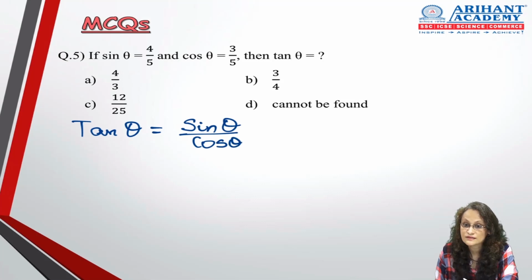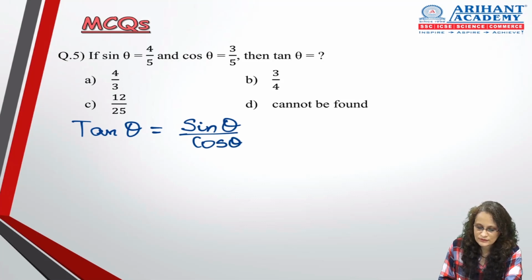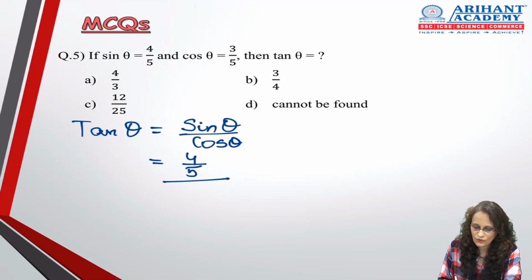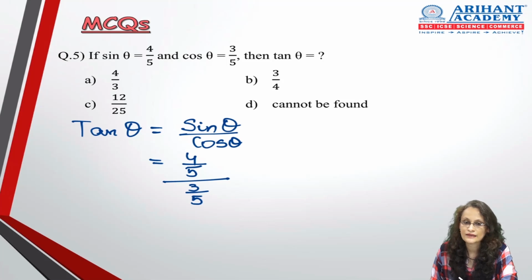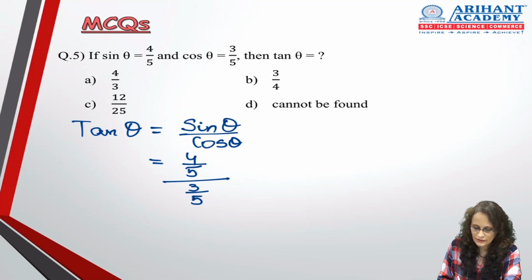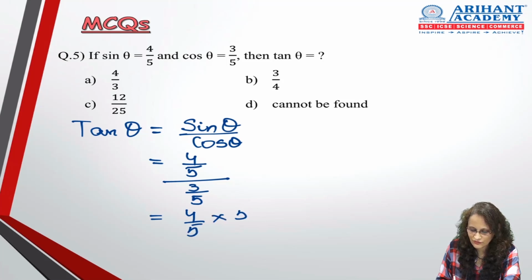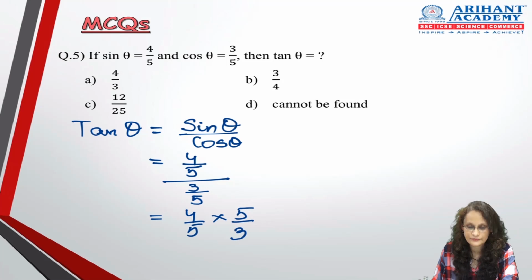Just now we discussed this formula. तो sine is nothing but they have given me 4 upon 5 upon cos is nothing but 3 upon 5. So I've substituted my terms. I now need to simplify this. Okay? So this is going to be 4 upon 5 into 5 upon 3.